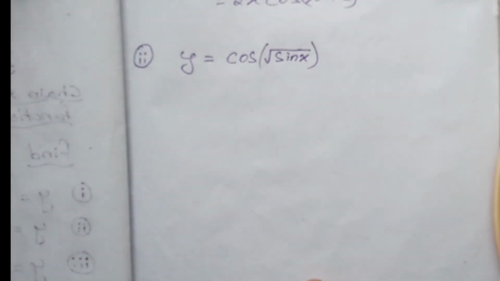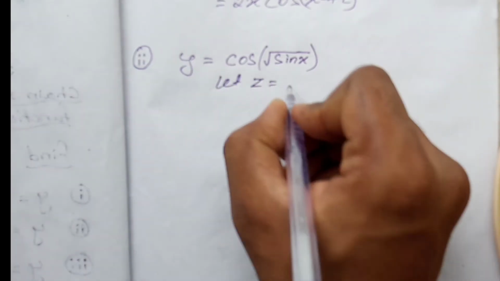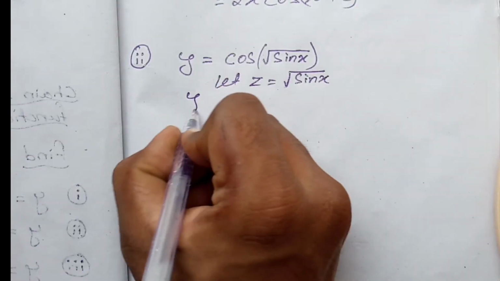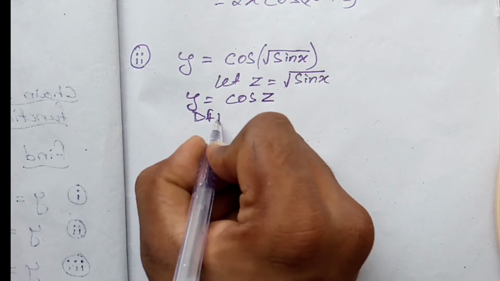Our second question is y is equal to cos of root under sin x. So let z is equal to root under sin x. So it becomes y is equal to cos z. Differentiate with respect to x both sides.